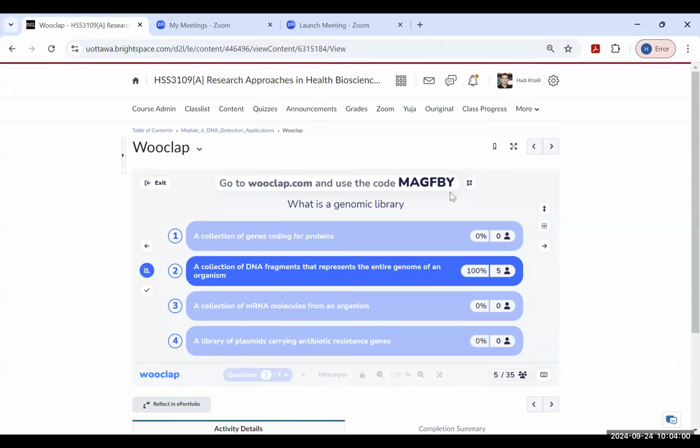A genomic library is a collection of genes coding for proteins. It's a collection of the DNA fragments that represent the entire genome of an organism. It is a collection of the messenger RNA molecules, or it's a library of plasmids carrying antibiotic-resistant genes.